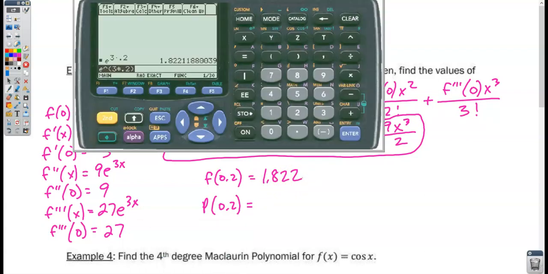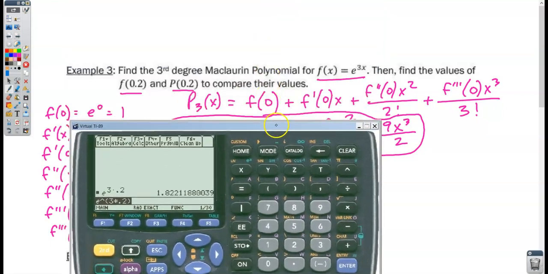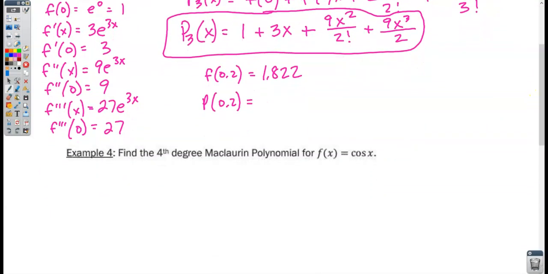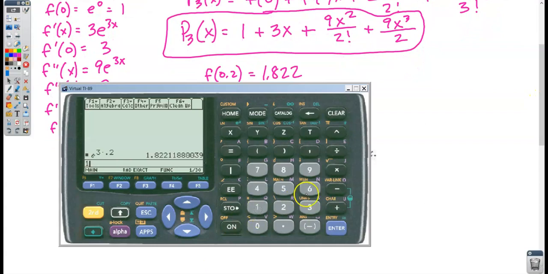And then p of 0.2, I'm going to put 0.2 in here for x. So that's going to be 1 plus 3 times 0.2 plus 9 halves times 0.2 squared plus 9 halves times 0.2 cubed.